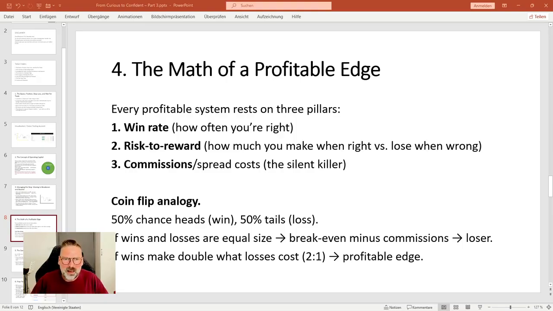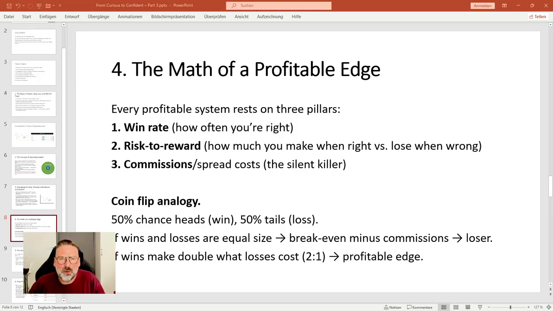So, now let's play a different game. Now let's say you bet on heads. And every time tails comes, you give me 10 bucks. And every time heads come, I give you 20. So, would you play that game? Of course you would, right?